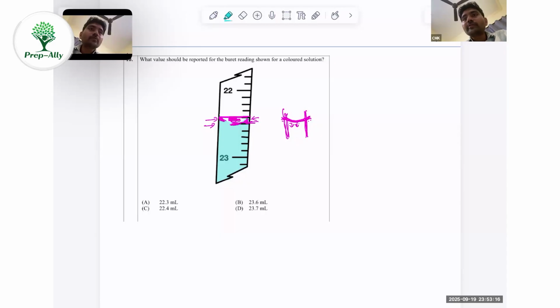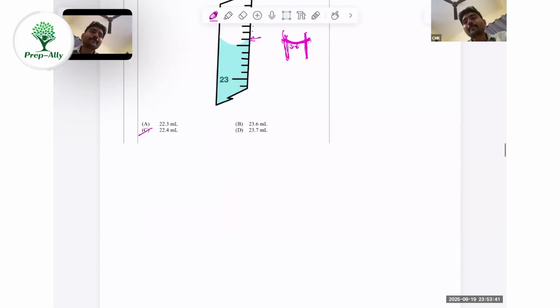What we can see is only from here where it is touching the reading, so that reading we will take when we have a colored solution. That's why we take the upper meniscus, just to get more accuracy. So the value is 22, 22.1, 22.2, 22.3, 22.4. The value should be option C.